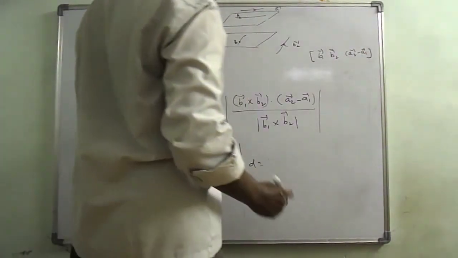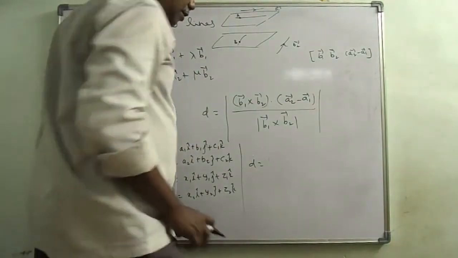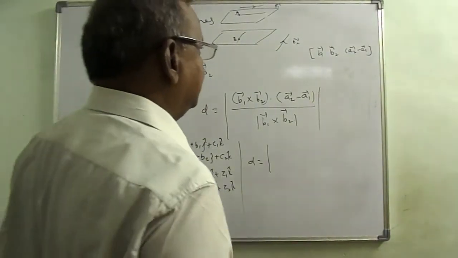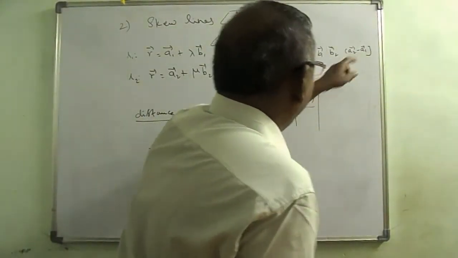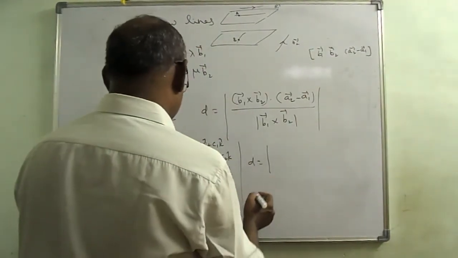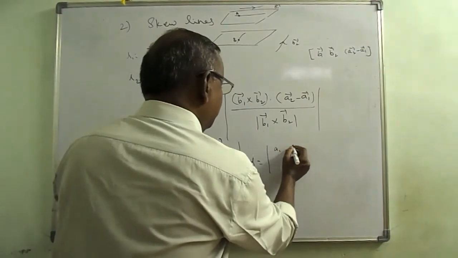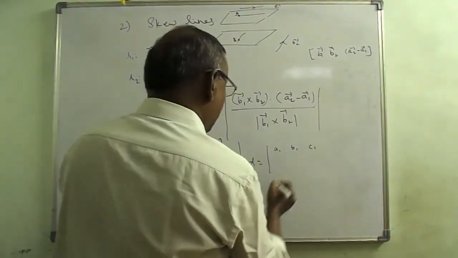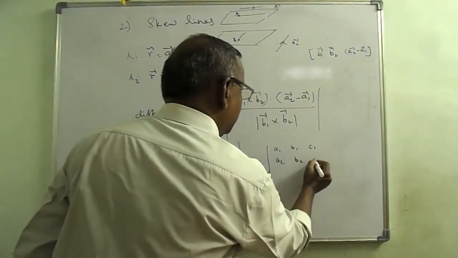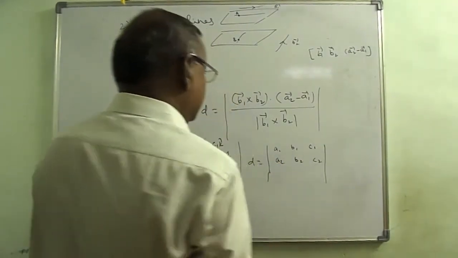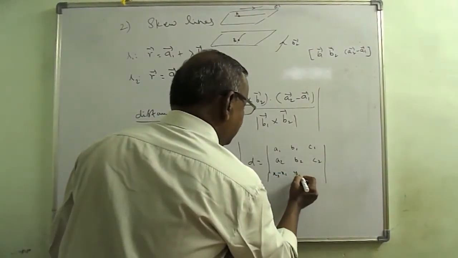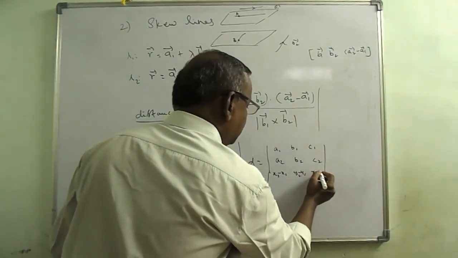Since cross and dot are involved, in the scalar triple product we can write only the direction ratios of the given vectors. The first row is B1 vector: A1 B1 C1, the second row B2: A2 B2 C2, and A2 minus A1 means x2 minus x1, y2 minus y1, z2 minus z1.